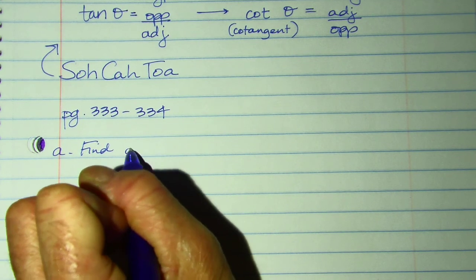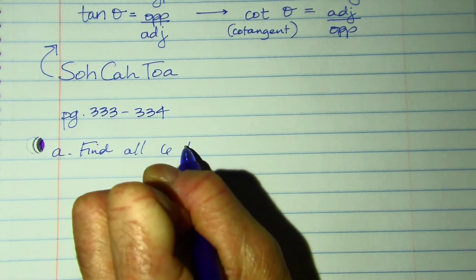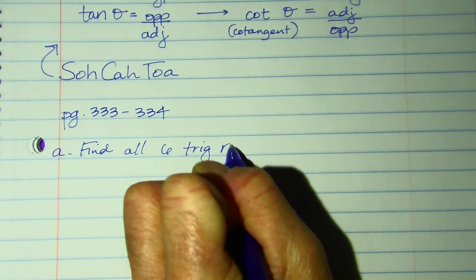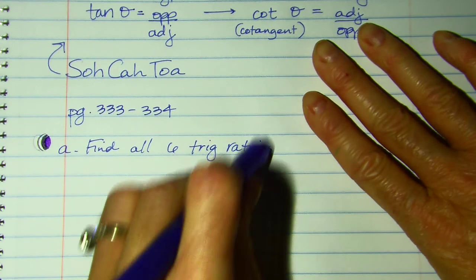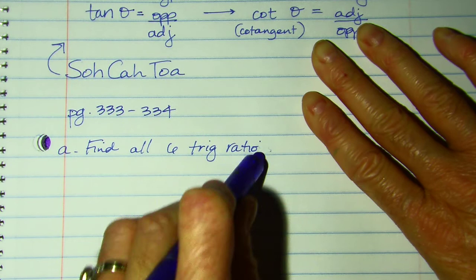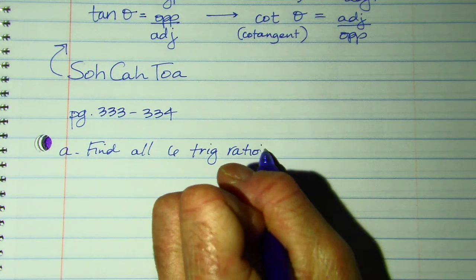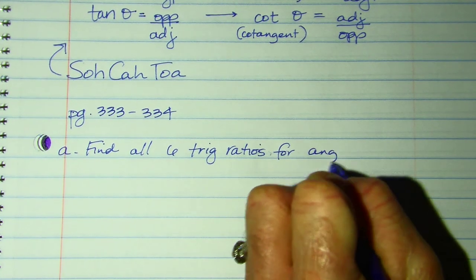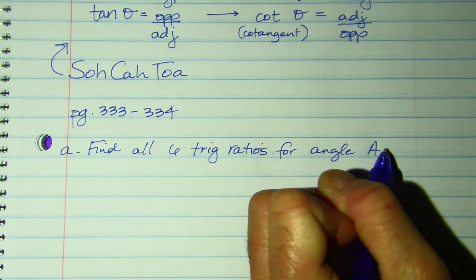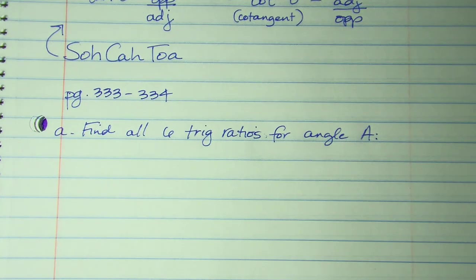We're going to find all 6 trig ratios for angle A. I'm trying to word it a little bit similar to your test. It's the same in your homework.